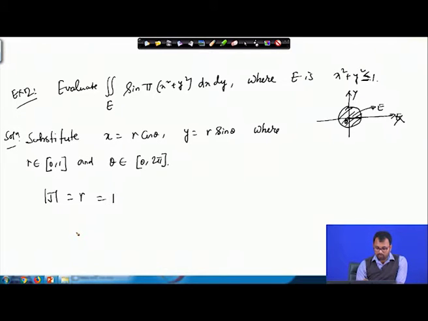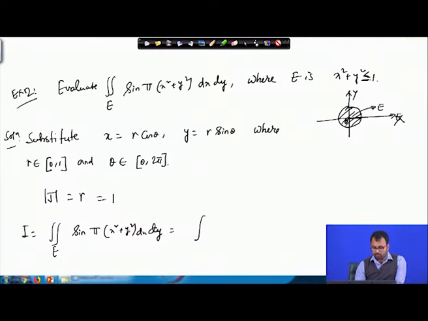Now we have the integral I over the region E of sin(pi(x square plus y square)) dx dy.